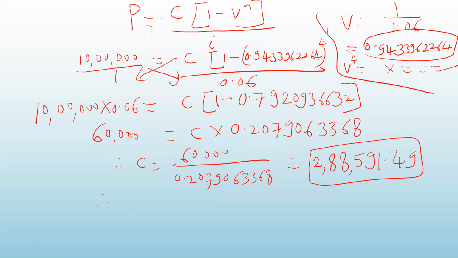So therefore, the amount of installment which is going to be paid each year is rupees 2,88,591.49. Okay.